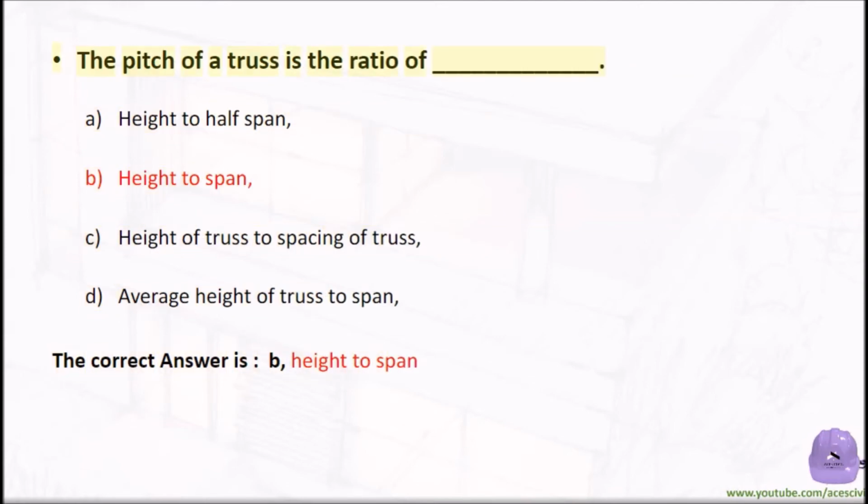The pitch of a truss is the ratio of: A. Height to half span, B. Height to span, C. Height of truss to spacing of truss, D. Average height of truss to span. The correct answer is B. Height to span.